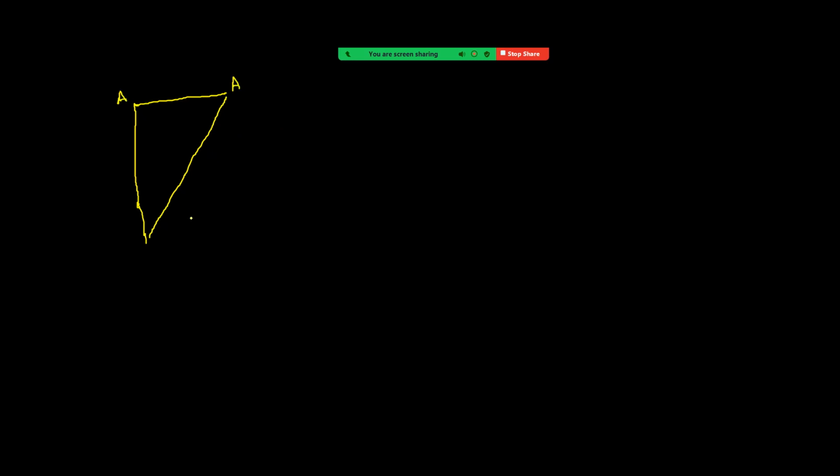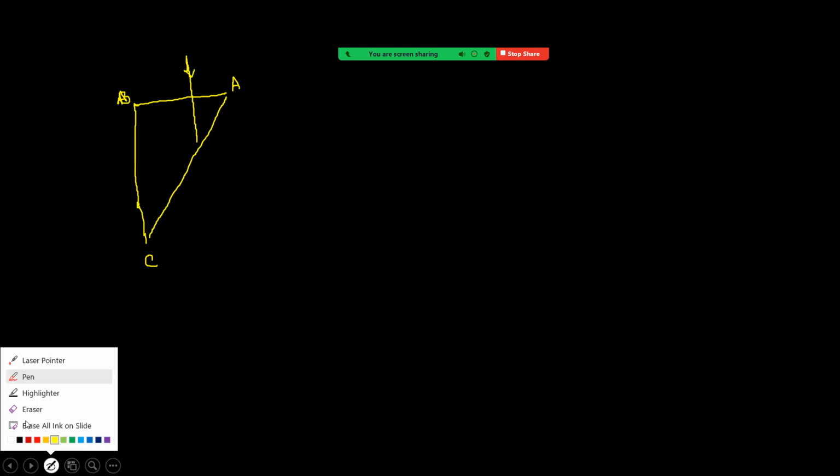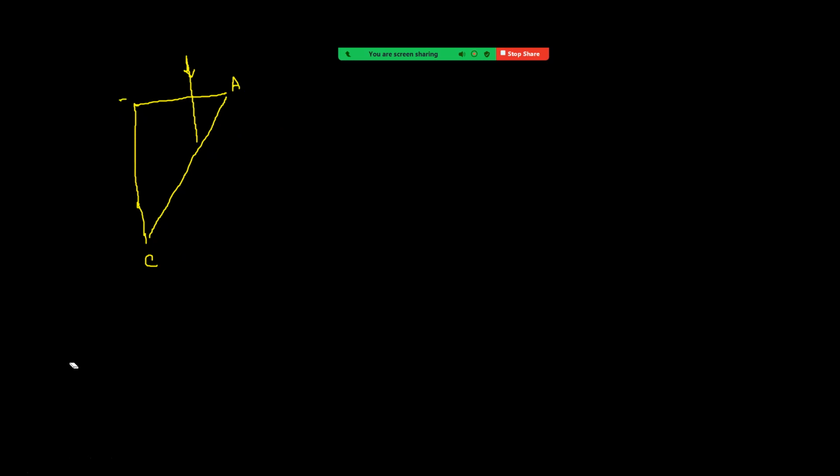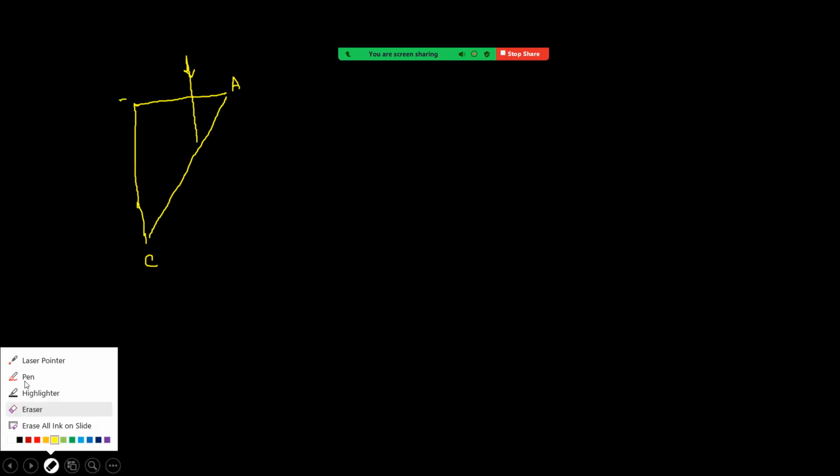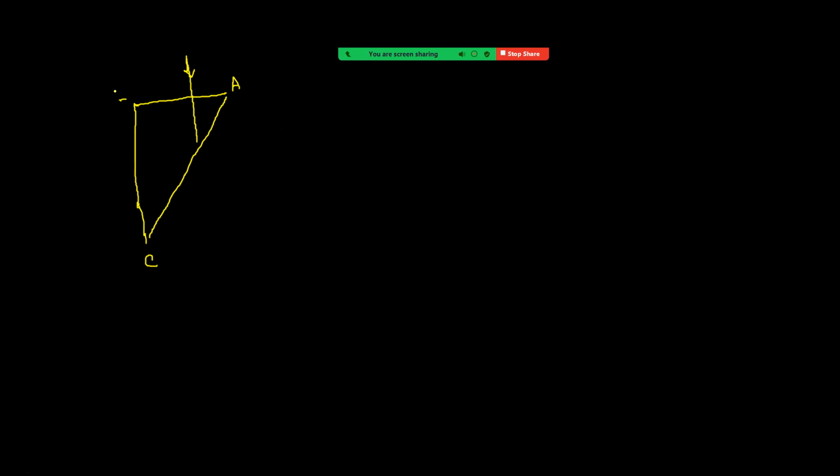So this is A, this is B, and this is C. Now the light ray is incident normally on AB. Falling on AB normally, it has to reach BC after total internal reflection. Then see what we can say here.